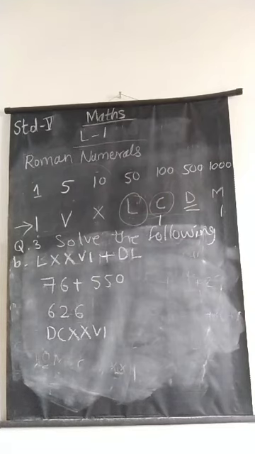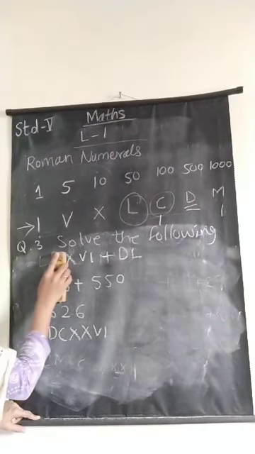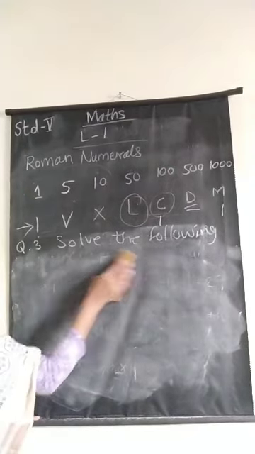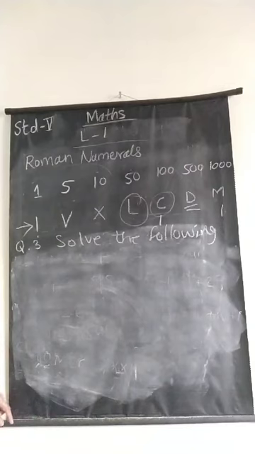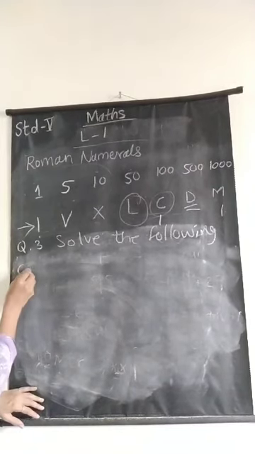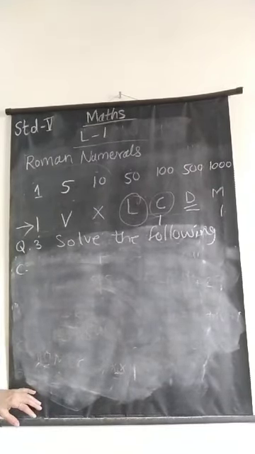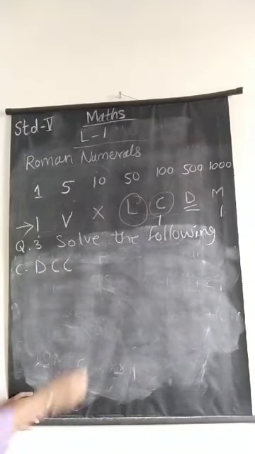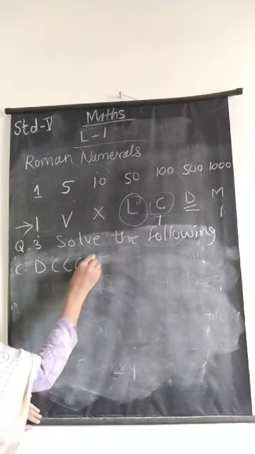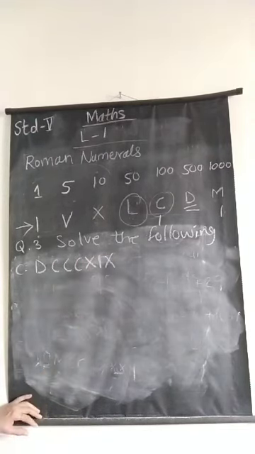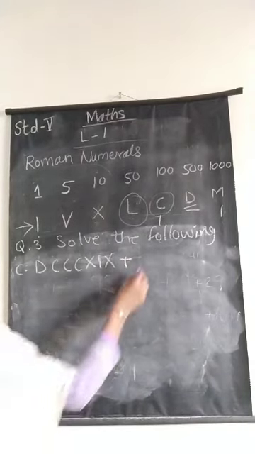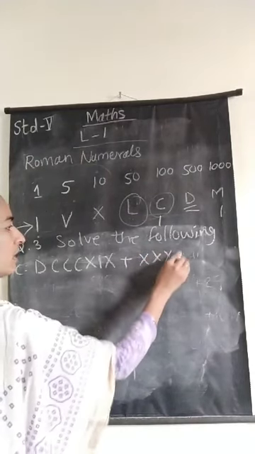Okay. Now let's take more examples. The third one, question number C. DCCC, 2 times or 3 times C is there, then X, okay, plus 3 times X, then IX.